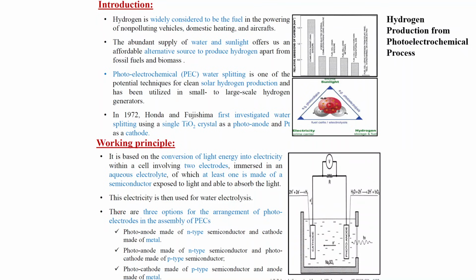Basically, using solar energy, we try to split water to produce hydrogen. Hydrogen is widely considered to be the fuel for powering non-polluting vehicles, domestic heating, and aircraft. The abundant supply of water and sunlight offers an affordable alternative source to produce hydrogen apart from fossil fuels and biomass.